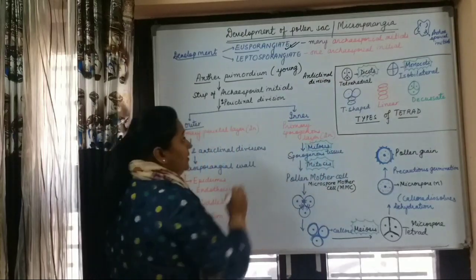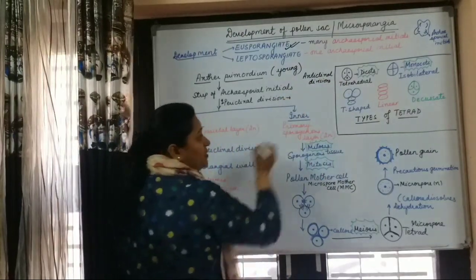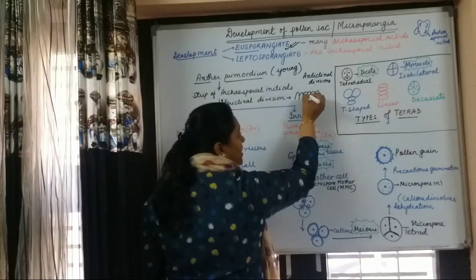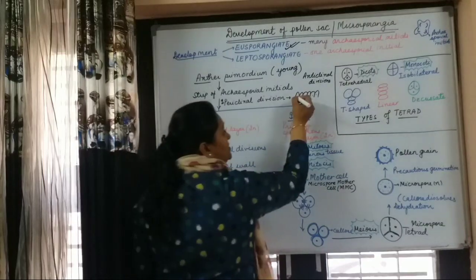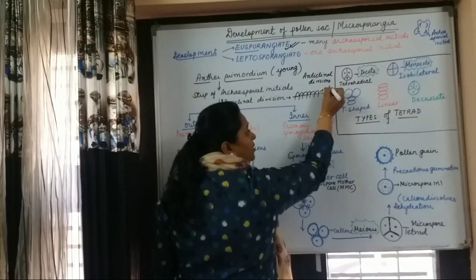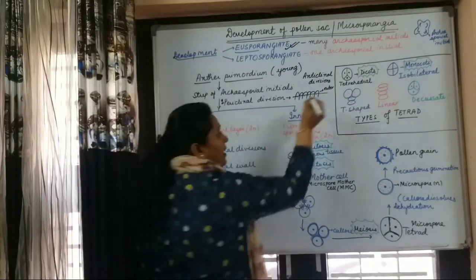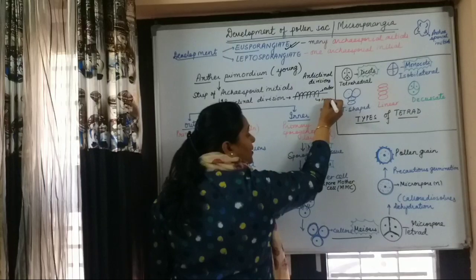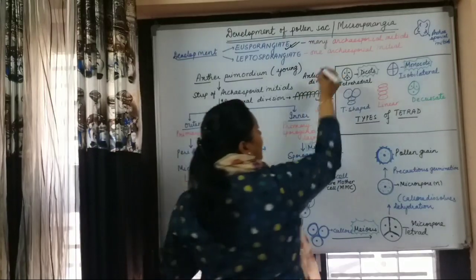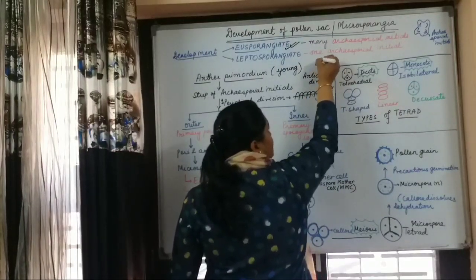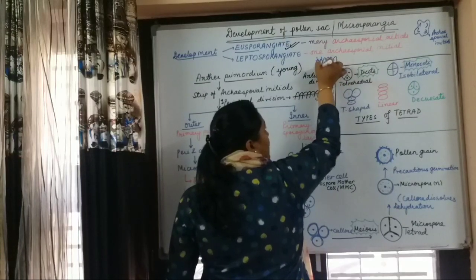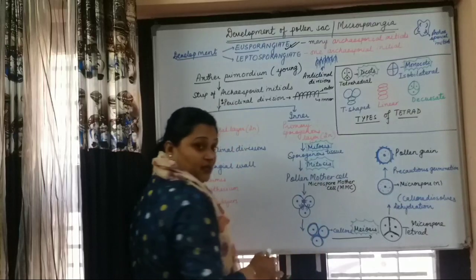In periclinal division, if this is one layer of cells, it cuts into half like this. That means this becomes an outer layer and this forms an inner layer, right? But in anticlinal division, if this is the layer of cells, the division takes place this way.